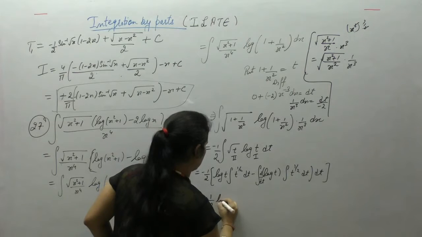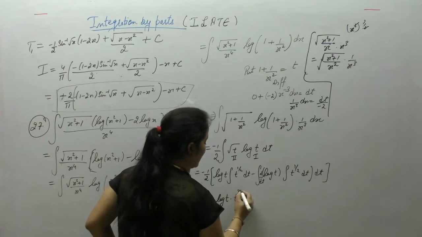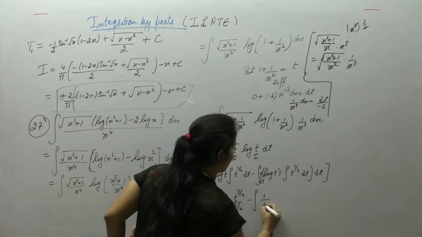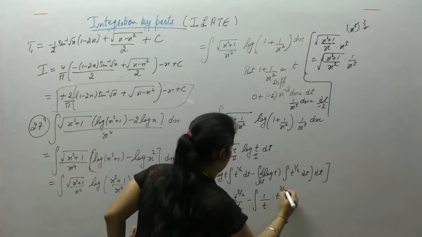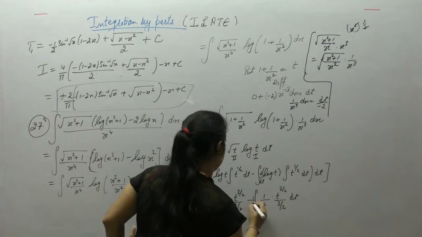Minus 1 by 2 log of t, x power n plus 1, half plus 1 is 3 by 2. Derivative of log t is 1 upon t, t power 3 by 2 upon 3 by 2 dt.